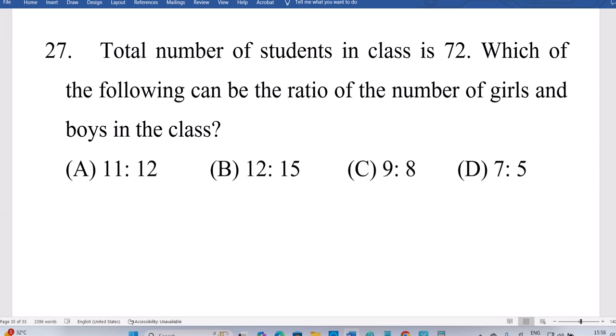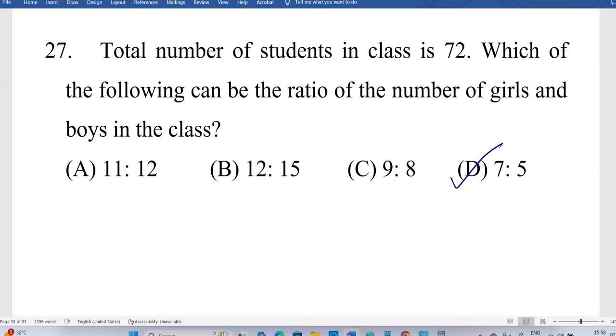Which of the following can be the girls and boys ratio? 9 and 8. Okay. Is it 7 and 5? See, boys and girls, is it an integer value, or can I say the number of boys in the class is 17.1? It must be an integer. Number of girls is 23.33? No, the number of girls and boys must be an integer.